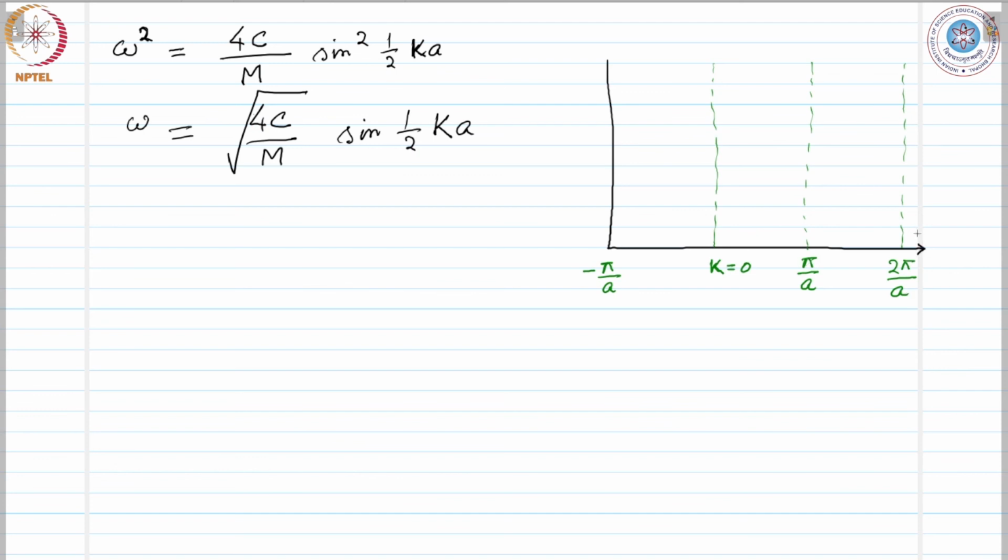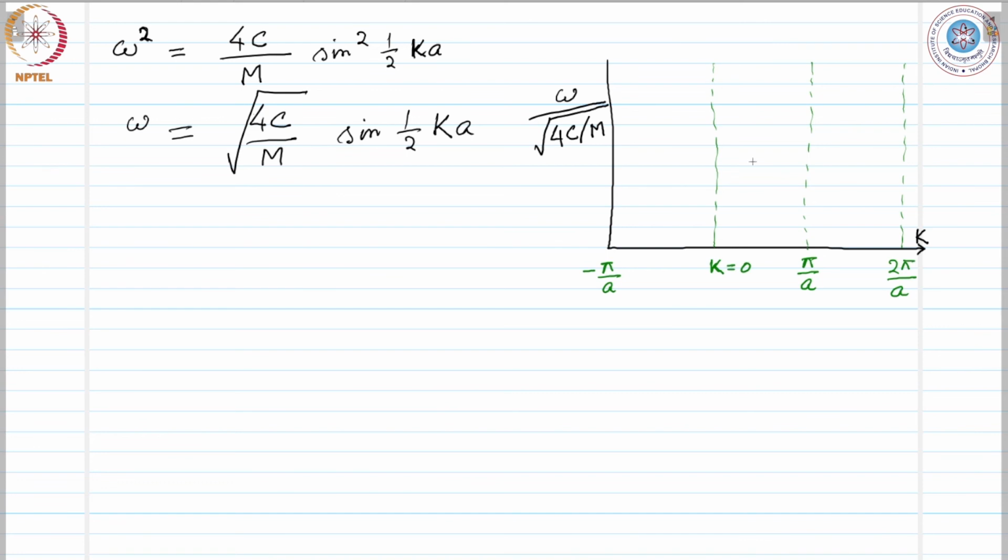This is the k-axis, and in this axis we plot omega over square root of 4C over m. Just for convenience, we take this one here.